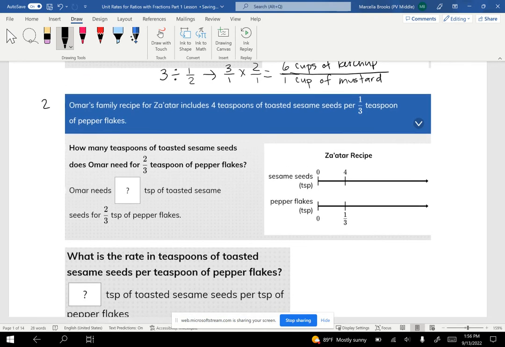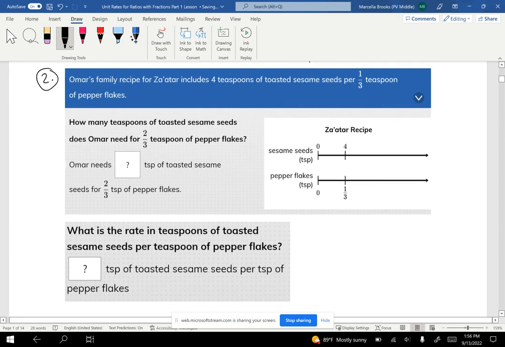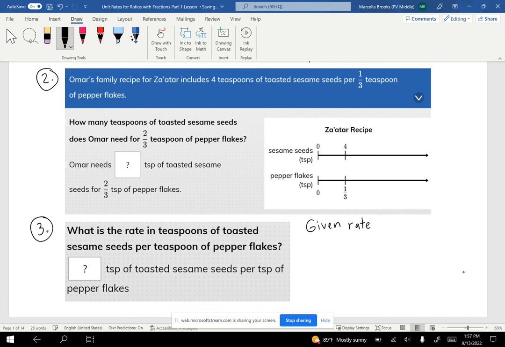Number 2, we're actually going to skip number 2 and go on to number 3 because number 2 is a little more challenging than number 3. But we have to read the situation in number 2. So Omar's family recipe for za'atar includes 4 teaspoons of toasted sesame seeds per 1/3 teaspoon of pepper flakes. So that's our given rate. Remember, given rate is just the rate that they give us.